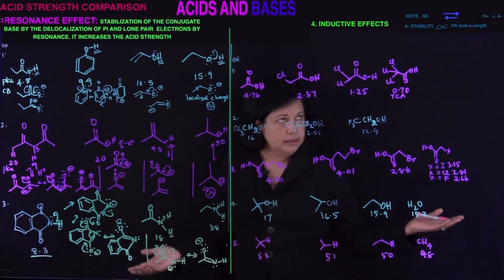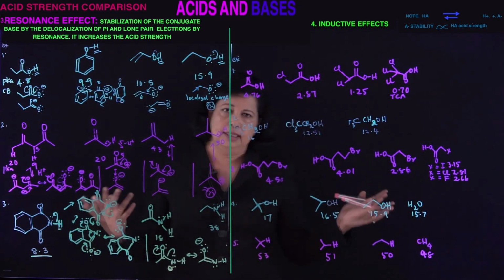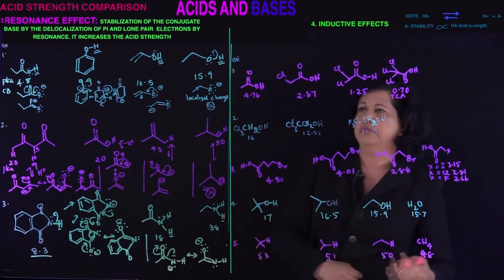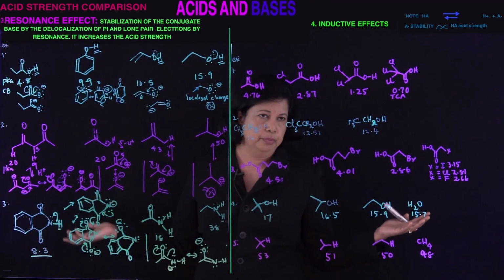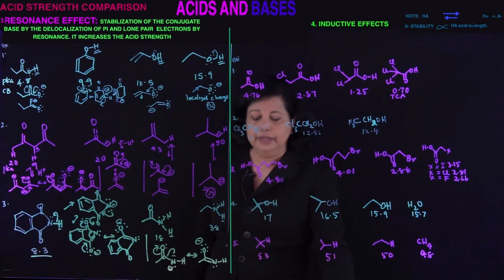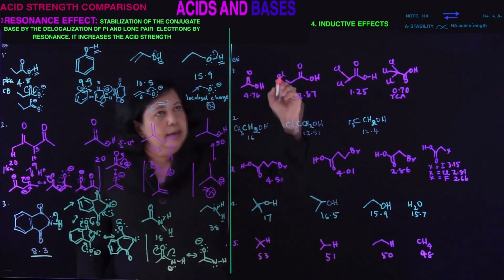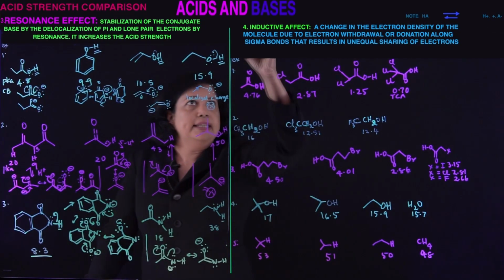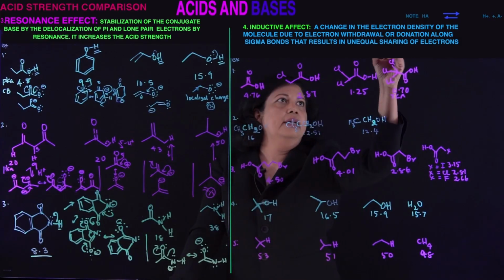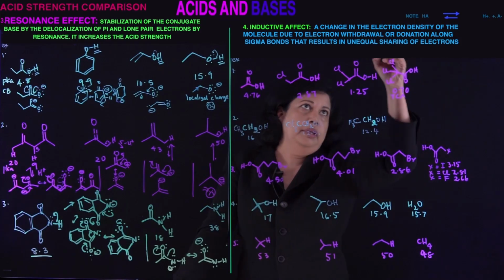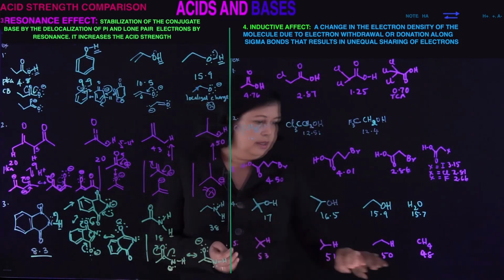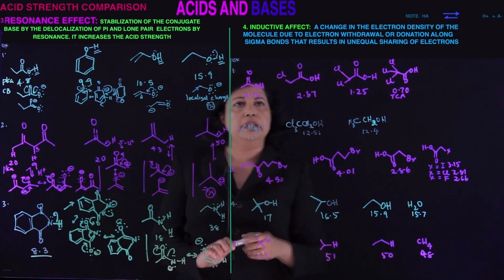If your anion is stable, and we said this like a zillion times now, your acid equilibrium will shift forward and spit out more protons, making the A more acidic and the pKa lower. All right. So by definition, a change in electron density along sigma bonds that leads to unequal sharing of electrons. So electron density distribution is the reason for this.